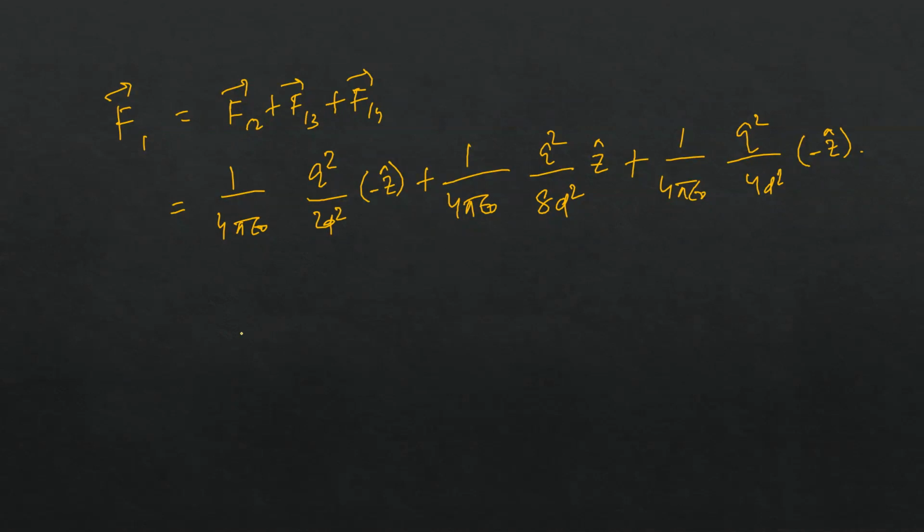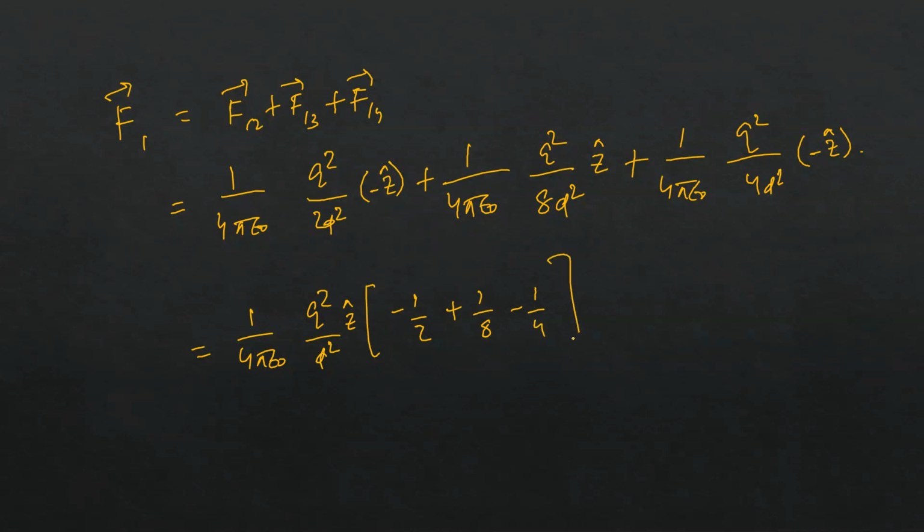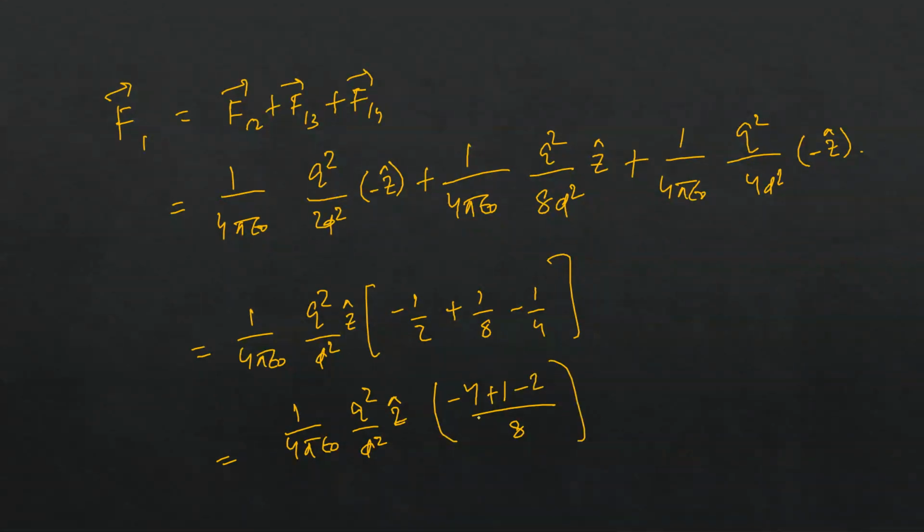So 1 by 4 pi epsilon naught q square by d square, and I can take z cap common. Inside it is minus 1 by 2 plus 1 by 8 minus 1 by 4. Over 8: minus 4 plus 1 minus 2, that is minus 5 by 8.